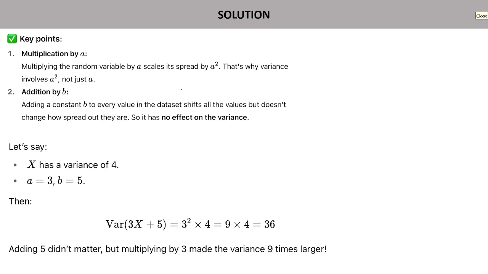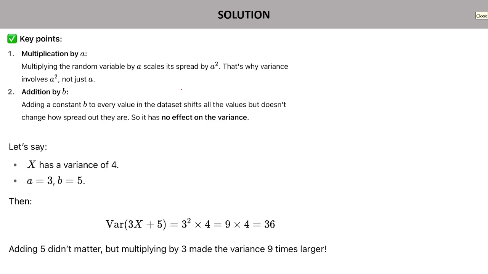But adding a constant b to every value in the data set will shift all the values, but will not change how spread out the data is. If we put this in easy language, suppose you have a data set of values 1, 2, 3, 4, and you calculate the mean and then how far 4 is from that mean.